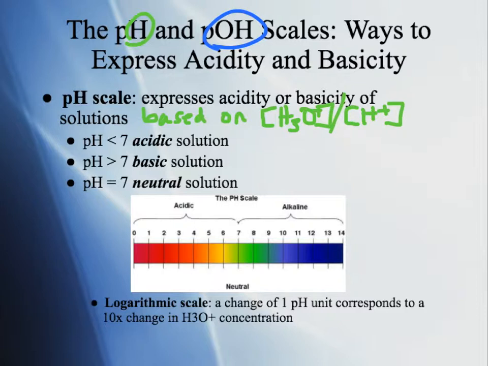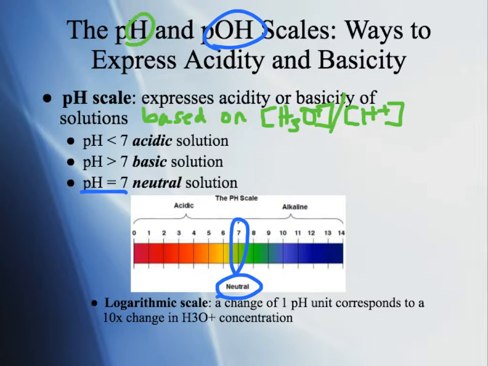This is the scale we use most often. You've probably heard of pH scales, pH balanced, and so on. On our pH scale, we can see a picture of it right there in the middle. A pH of 7 is what we call neutral. So if the pH of a solution equals 7, that means the hydrogen ion concentration is equal to the hydroxide ion concentration.